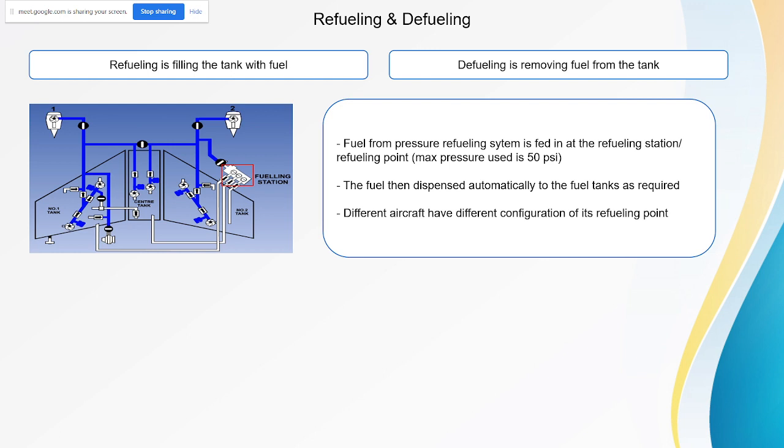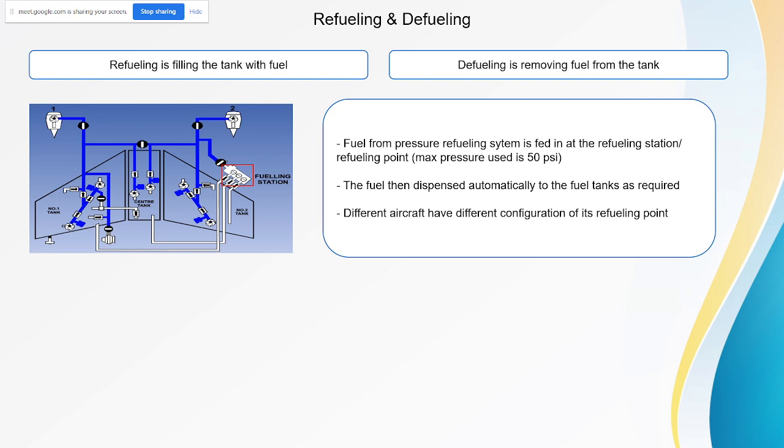This method of refueling through the refueling point is called the pressure refueling system, where pressure is used to pump the fuel into the aircraft tanks. Usually, the maximum pressure used for pumping the fuel is 50 psi. The fuel will be automatically dispensed into the fuel tanks as required.